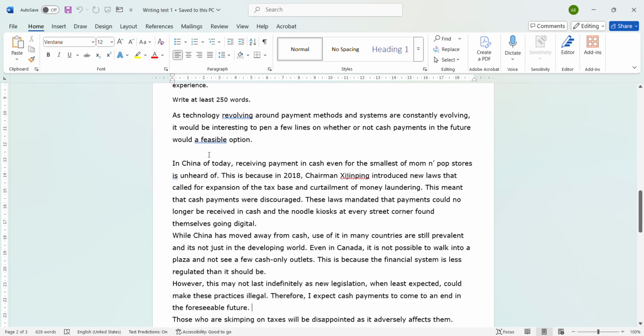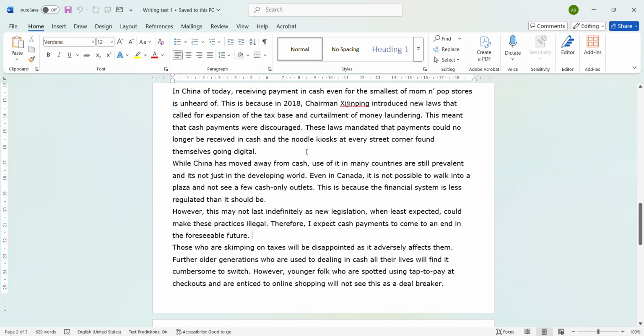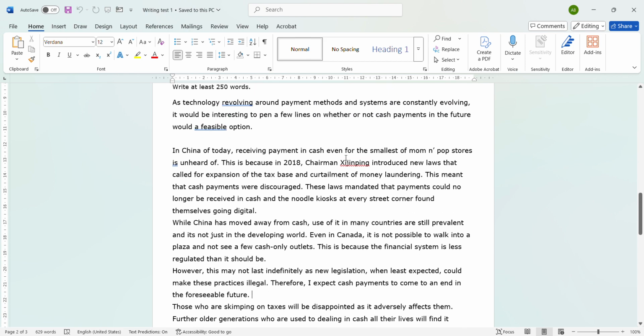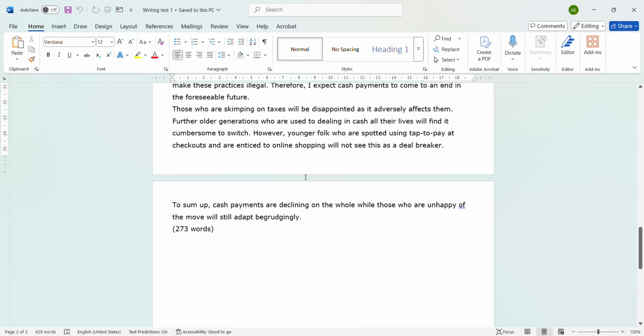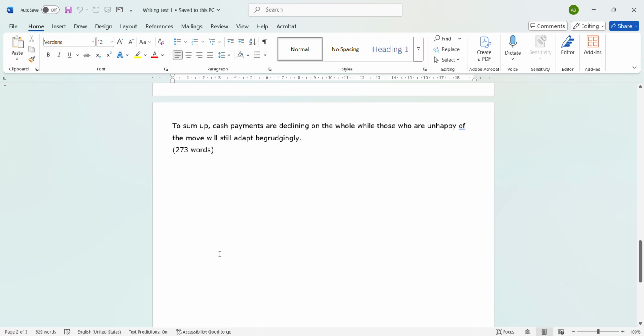As you can see, even though it doesn't follow a hard and fast linear format, it is still a well constructed answer and has a good flow to it. This is 273 words, which is about the 250 word count.